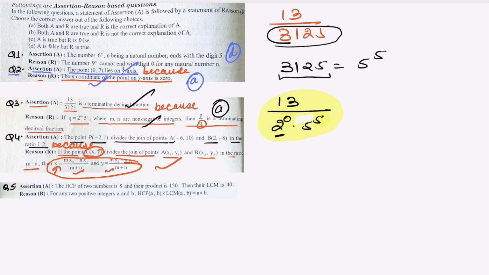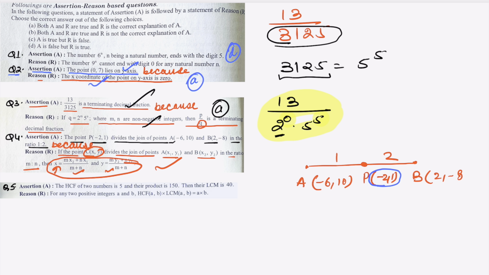Now what we have to see is assertion. So assertion is saying that, let's say this is point A, whose coordinates are -6, 10. This is point B, 2, -8. And a point is lying on this line segment. That point's coordinate are -2, 1. And this point P divide this line segment in the ratio 1:2. So now what we have to check is, using section formula, are the coordinates of P correct?